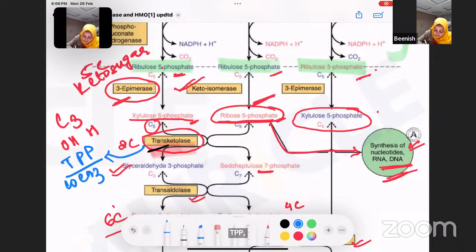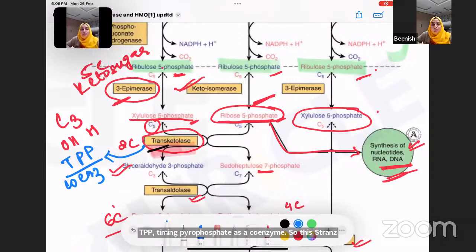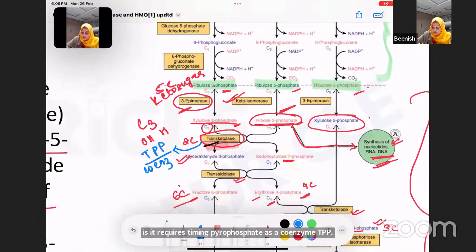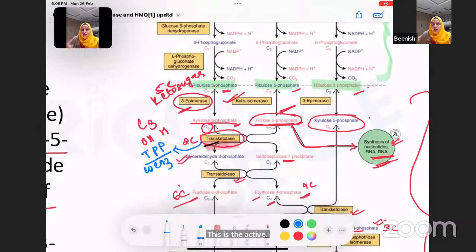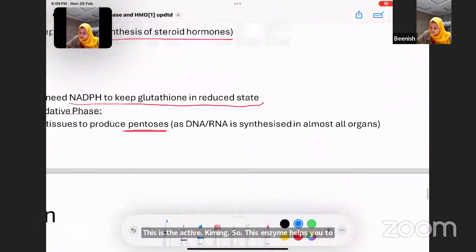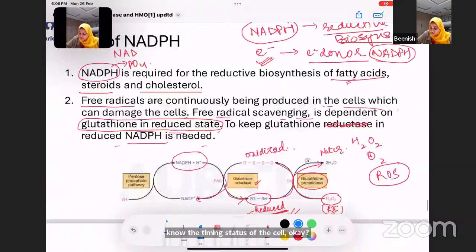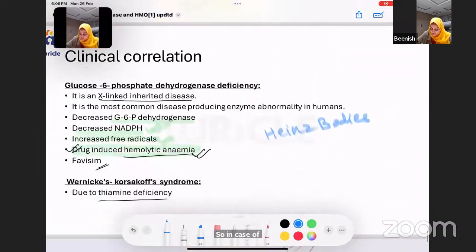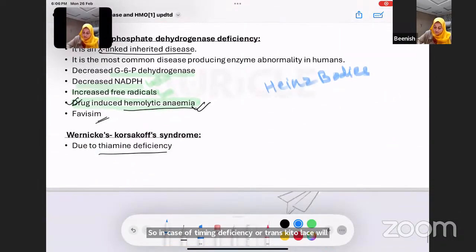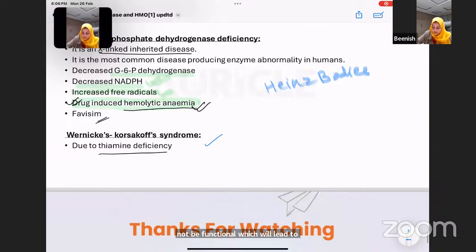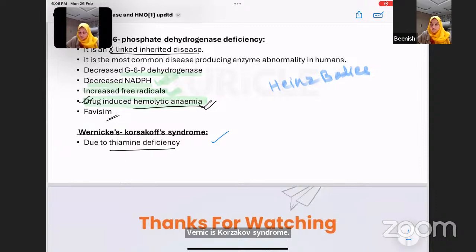This is the active form of thiamine. So this enzyme helps you to know the thiamine status of the cell, okay? So in case of thiamine deficiency, your transketolase will not be functional, which will lead to this syndrome, Wernicke-Korsakoff syndrome, okay? So that was all about your HMP shunt.